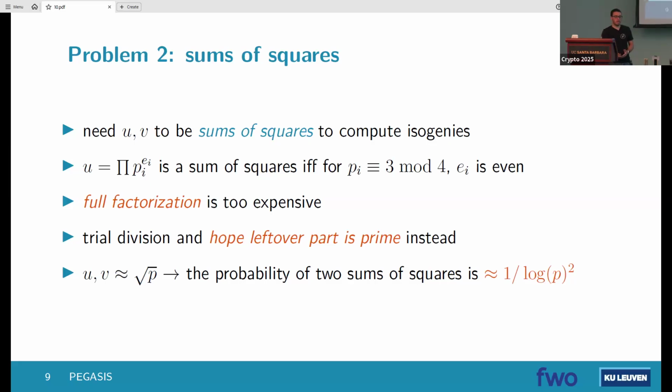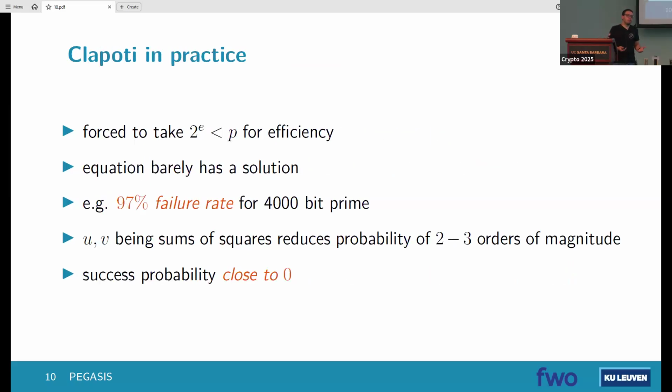Now, since we want U and V to satisfy this condition at the same time, the probability that this happens for the size we are dealing with is roughly 1 over log P squared, which builds up on what we had before. So in practice, the situation is really not optimal. We're forced to take 2 to the E less than P for efficiency reasons, but then the equation we start from barely has a solution.